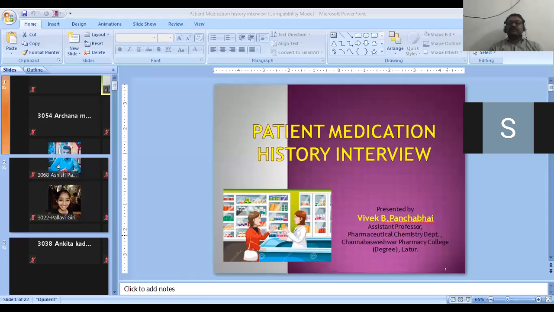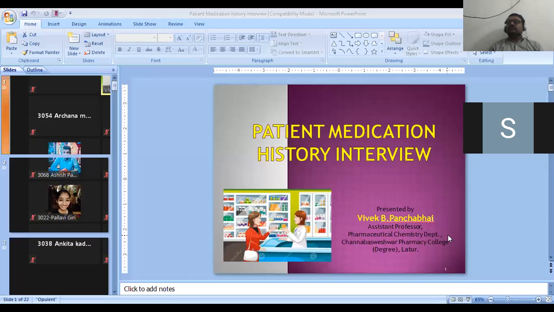Next subunit of unit 2, that is patient's medication history interview. How to collect the patient's history, collection methods, what is the goal, and what is the importance of the patient medication history. We have to study it here, along with one of the forms required to maintain the patient's history.